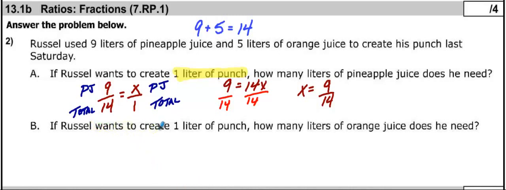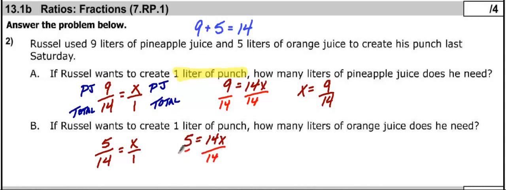So then, he's going to make that punch. How much orange juice does he need? Well, we could set up the same type of proportion again. The orange juice last week was 5/14. Now it's going to be x to 1. Cross multiplying, we get 5 is equal to 14x.